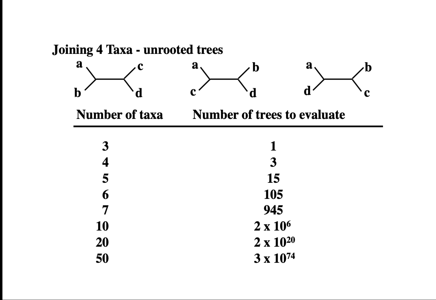So for small data sets, maximum parsimony works very well. It's highly accurate. But for larger data sets, it's just too computationally costly to use this one. So for large genomics comparisons, neighbor joining is normally used.